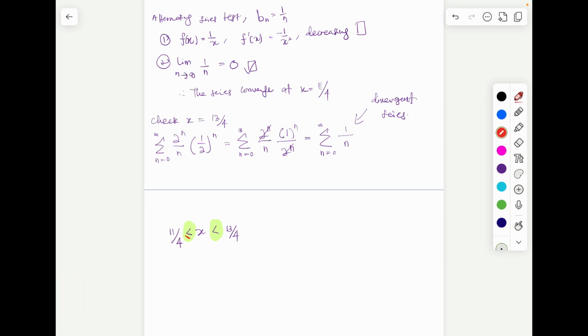But for 13/4, it is divergent, so it's just x less than 13/4, because this is about the interval of convergence and we only care about the convergence. So this is the interval of convergence, or you may write it as [11/4, 13/4).